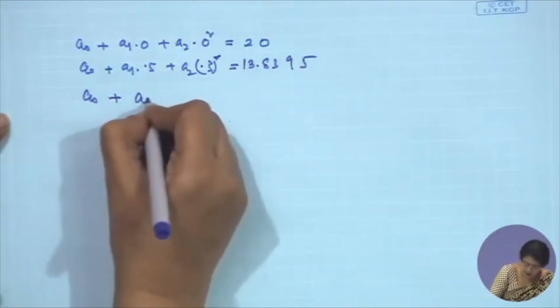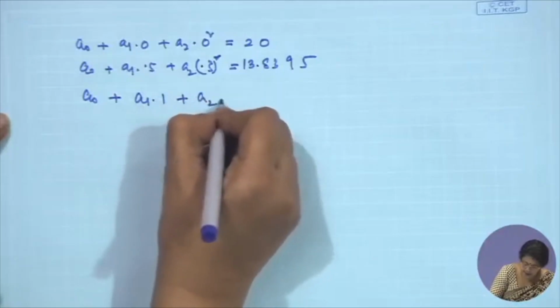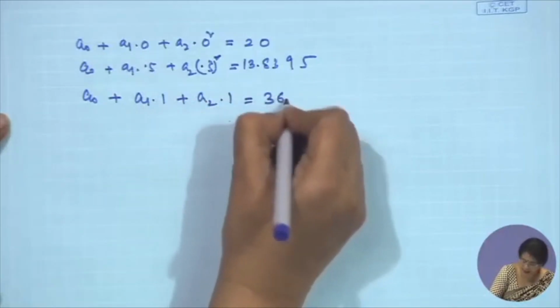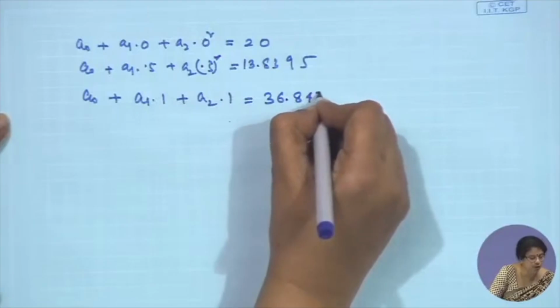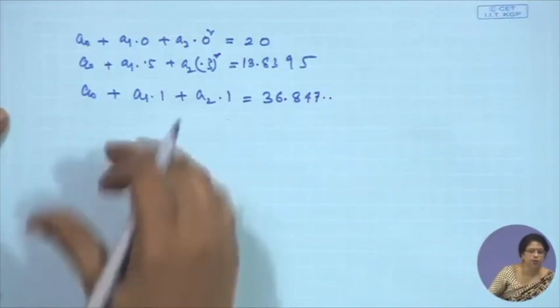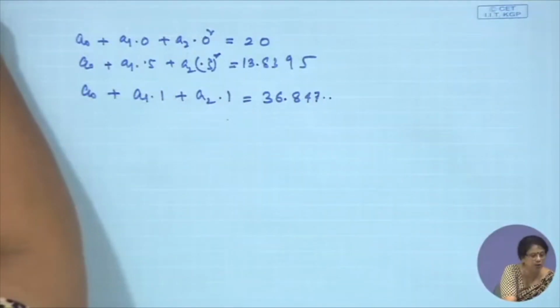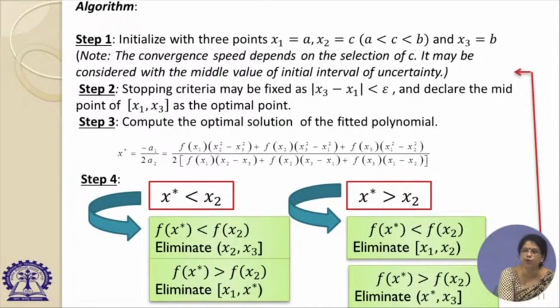A0 plus A1 into 1 plus A2 into 1 is equal to 36.847, etc. With these 3 equations and 3 unknowns, we will get the values for A0, A1, A2.